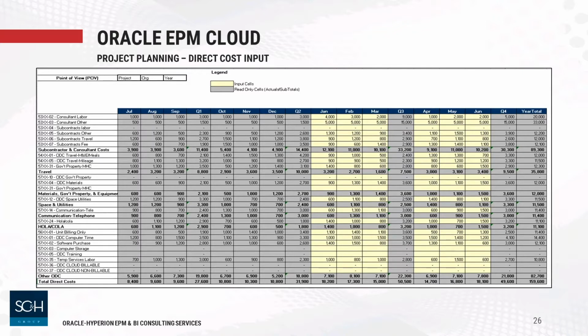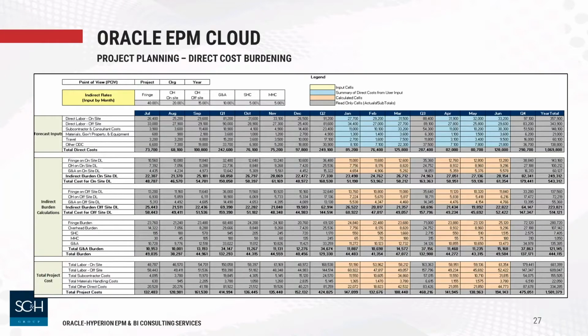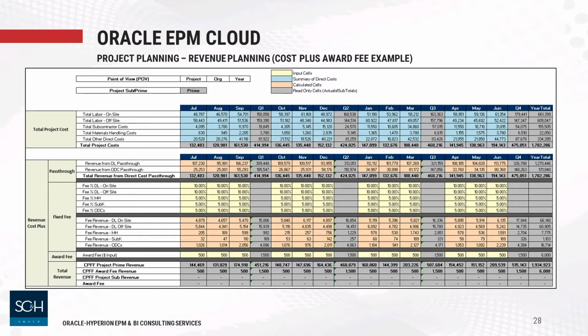If you follow this methodology, what this allows you to do is then calculate behind the scenes using business logic in the application, the burden components of your project. So what I'm representing here in the orange cells are calculated expenses that have been burdened on the base activity to give you the total project cost, which can then be layered in with any assumptions you have for revenue, illustrated here with a cost plus example.